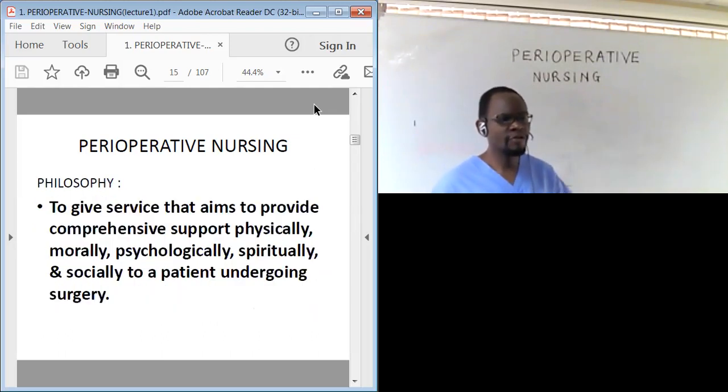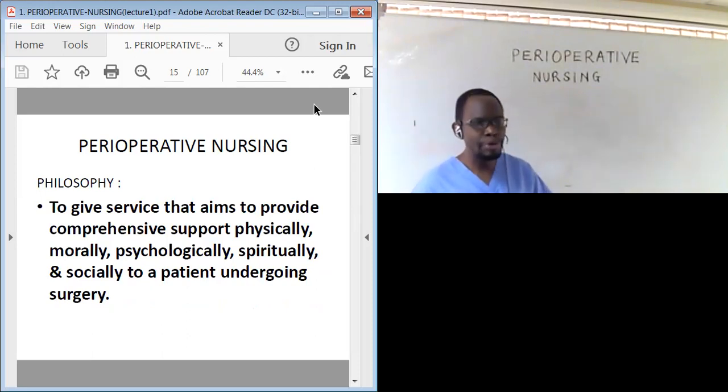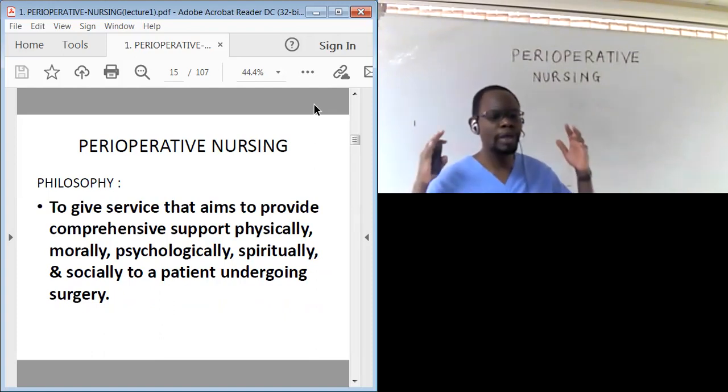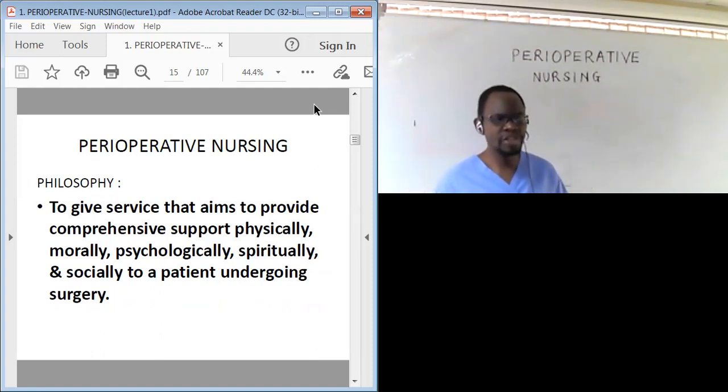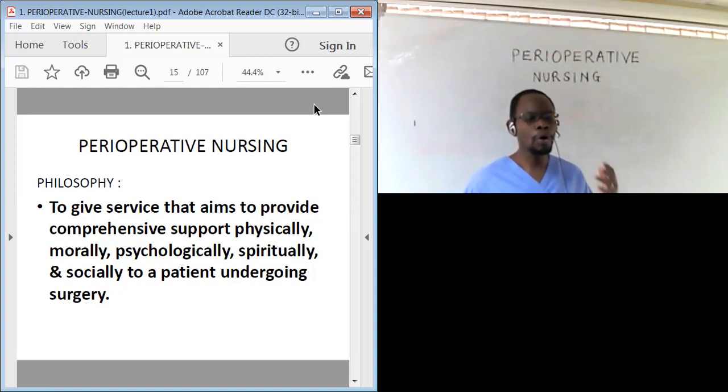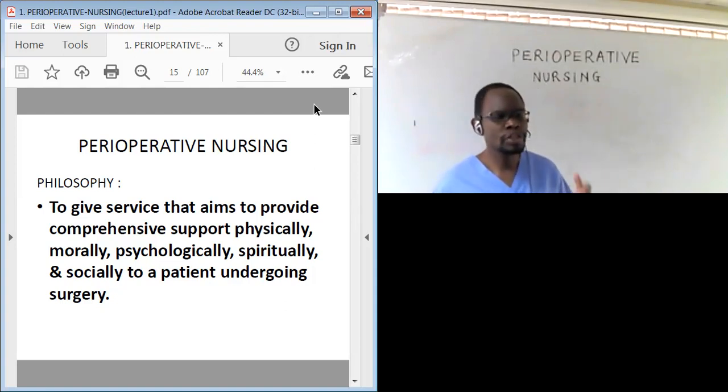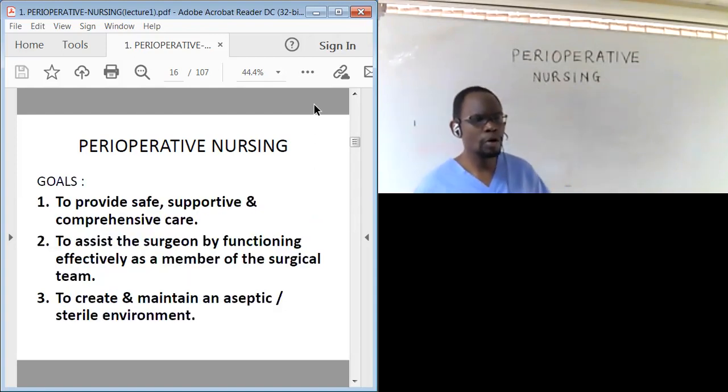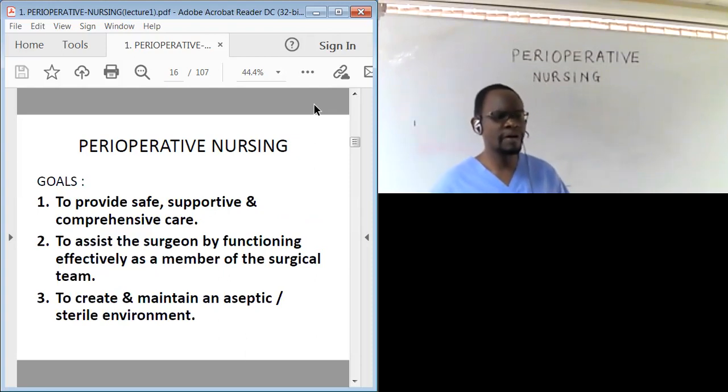It goes with the philosophy of providing comprehensive support, physiologically, spiritually, psychologically, and morally, to a patient, but not only to the patient, also to the family of the patient who is to undergo surgery. The goals are to provide safe and supportive, together with comprehensive care, and to assist the surgeon by functioning as an effective member of the surgical team.